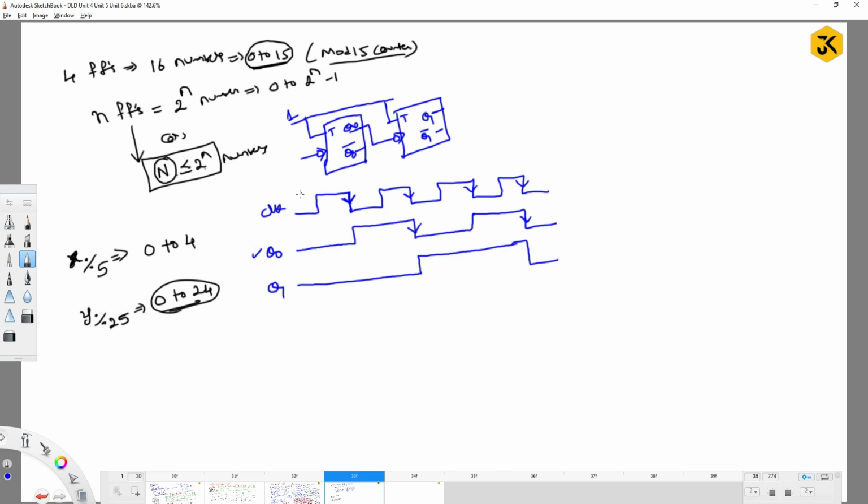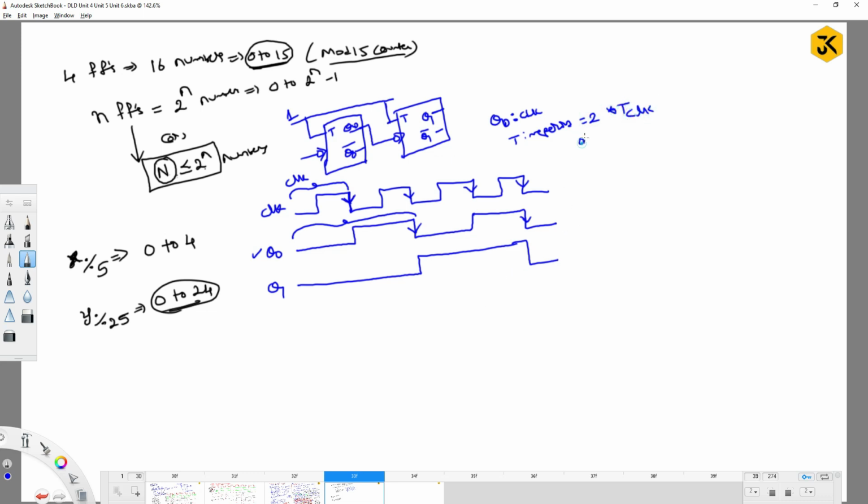I hope you understood. Now, if I say clearly, this is a kind of a clock, and this is also a kind of clock. This Q0 clock's time period is 2 times of the actual clock, or not? Yes, 2 times the actual clock.